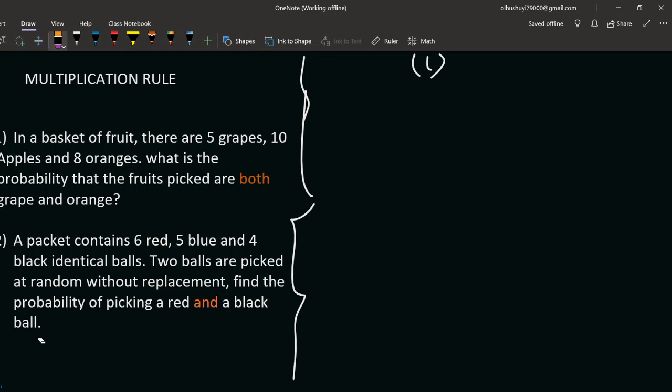Find the probability of picking a red and a black ball. So they said 2 balls were picked, but when the first one was picked, it wasn't replaced. Then the second was picked.